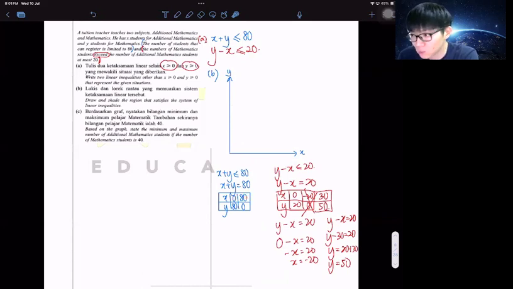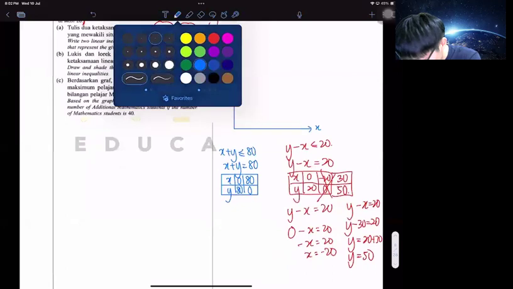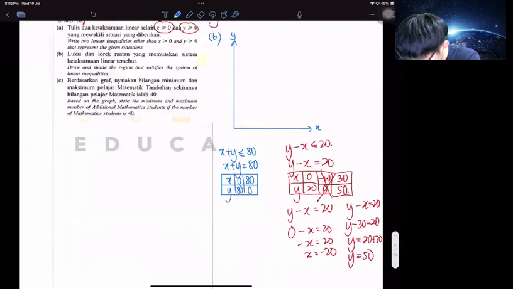So of course you can do 0, 20, 40, 60, 80. Then those without graph paper, at least sketch with me with these numbers. So 0, 80, 0, 80, put over here. 80, 0, I put over here.